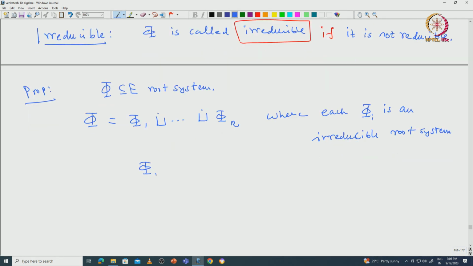Phi i and phi j are orthogonal for all i not equal to j between 1 and k.